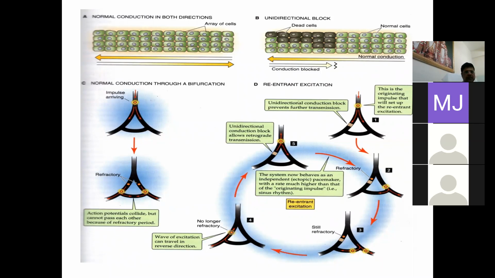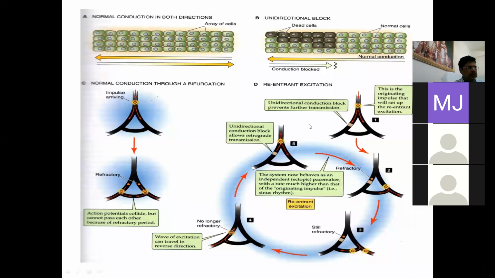In a normal person, when you have an anatomical pathway like this, where one impulse comes and goes in two branches, and the two branches are connected here, there is no scope for the impulse to travel back.